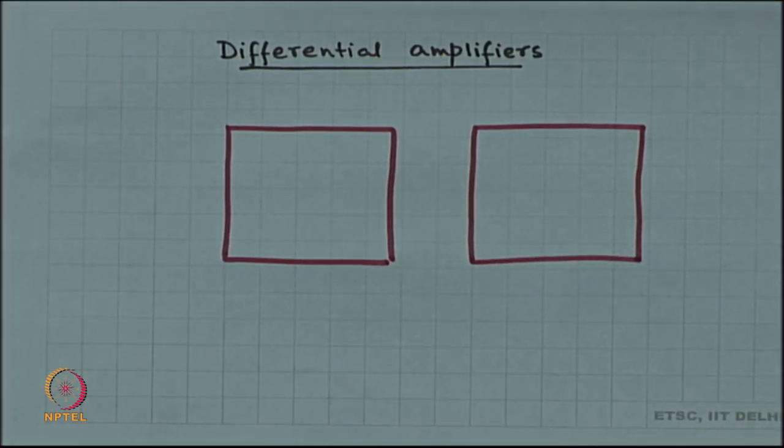So, these are two boxes. These boxes have all linear circuit elements: resistors, capacitors, inductors, voltage controlled voltage sources, all linear circuit elements are there inside each of these boxes.